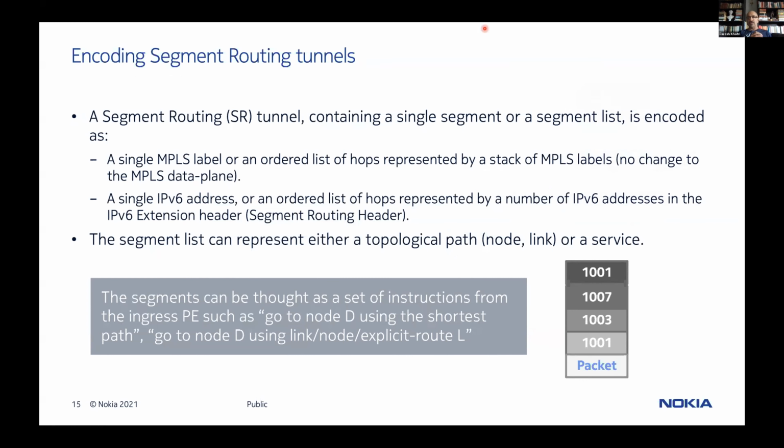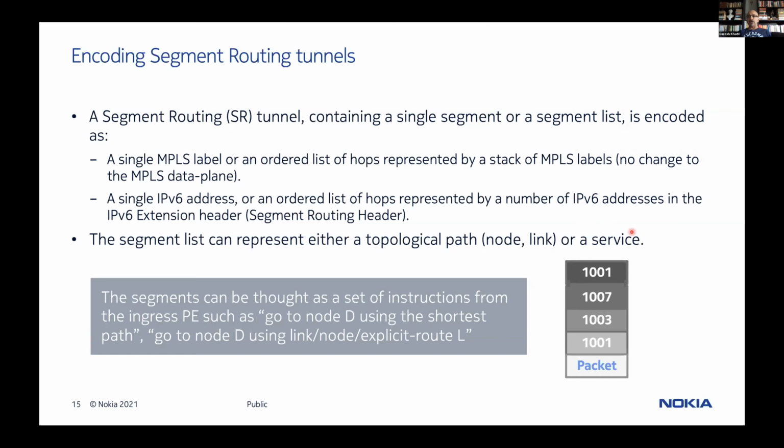We use the label. Now MPLS has the capability to have multiple labels in every packet. We call it a label stack. So here we have a ready-made mechanism to encode this information. So in the case of an MPLS segment routed network, the routing information is encoded as a stack of labels.